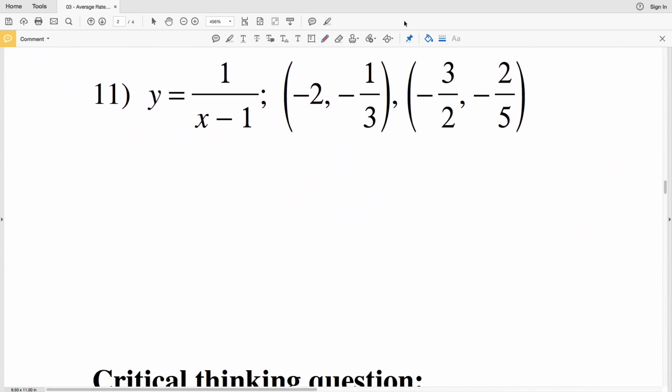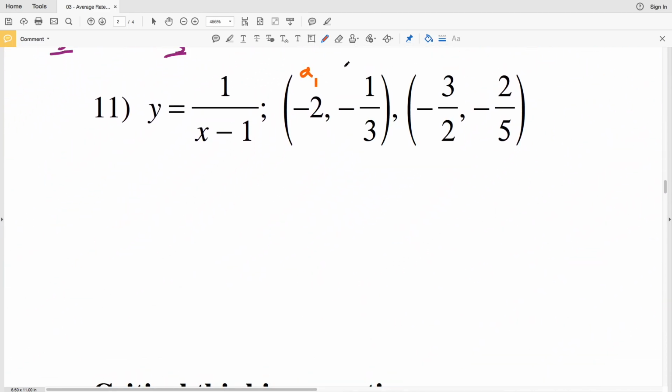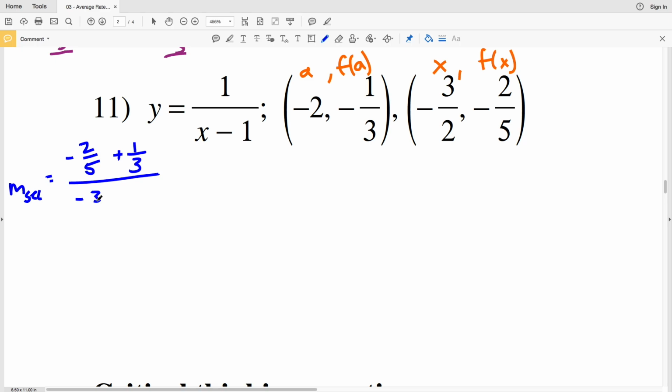In number 11, we can see a, f of a and x, f of x. So for our slope, f of x minus f of a is negative 2/5 minus a negative 1/3, which I'll add a positive 1/3, and that's all over x minus a, negative 3/2 minus a negative 2, or plus a positive 2.